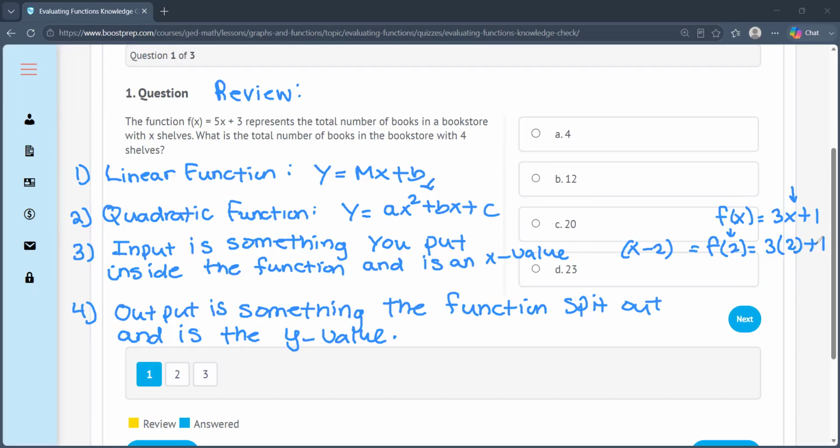And then an output is something the function spits out, and it's usually the y value. So when you plug in f of 2 into that same function and simplify, 3 times 2 is 6, plus 1 is 7. Your output is that 7. Okay, so go ahead and copy, because I am going to do the first problem.